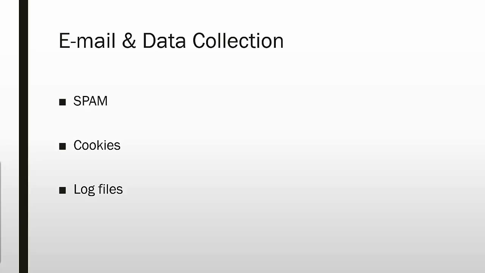We also, in the data collection area, have things that are happening on websites. A lot of websites put out cookies. These are small text files with unique ID tags that are embedded into a web browser and then saved on your hard drive, you as the user. They keep track of things about you for that website, so the next time you go back to that website, you may not have to re-enter certain information.